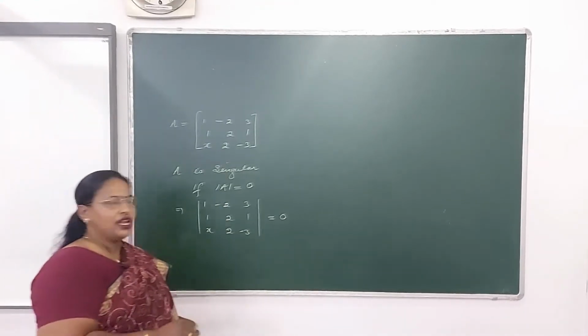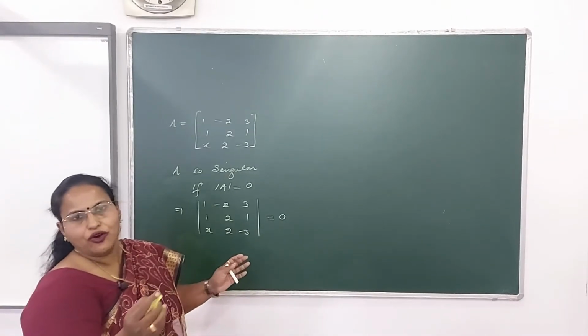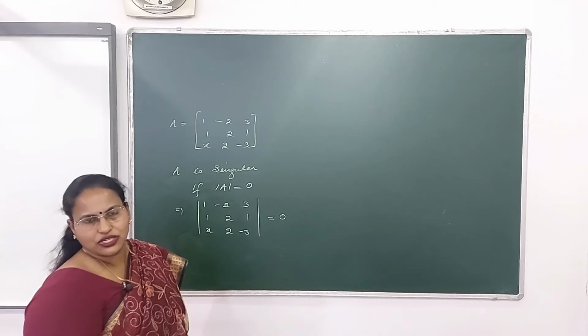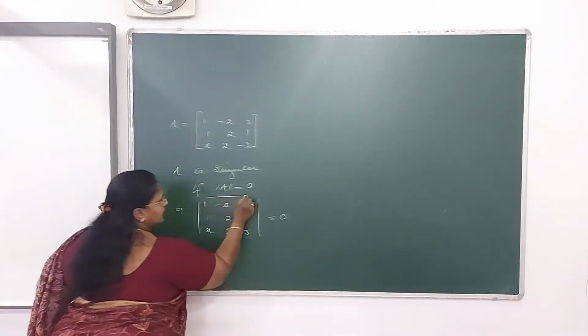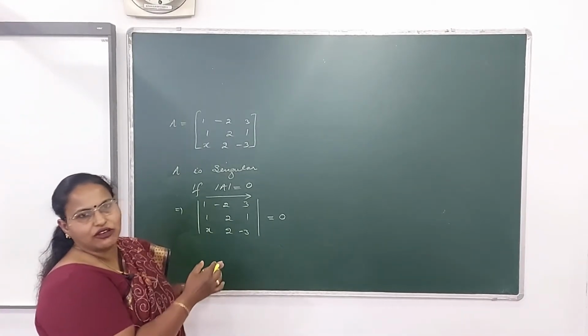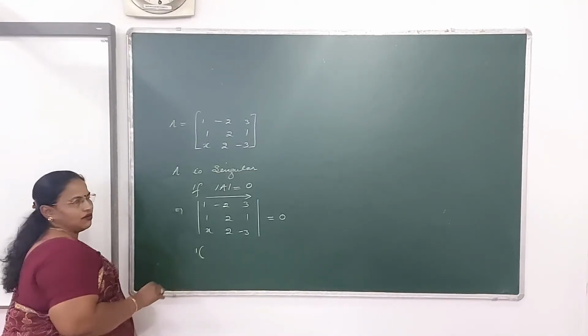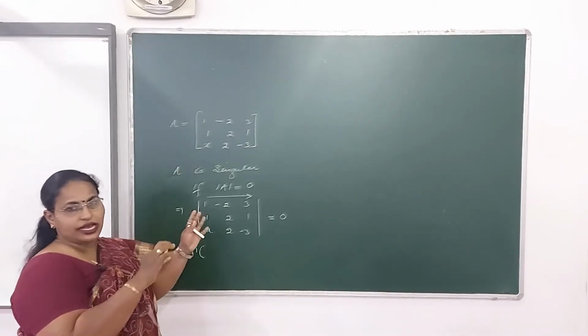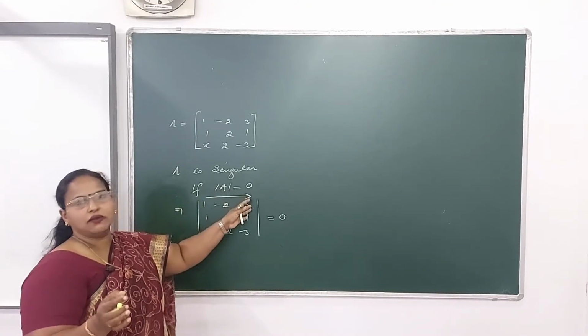Now you know very well how to expand this. You can go for any row or any column as per your wish. So let us go for the first one. So I am placing an arrow sign which simply says that I am expanding using the first row. So it's 1 into. You have to keep in mind the sign also. It will carry a plus sign, then minus, and then plus sign.